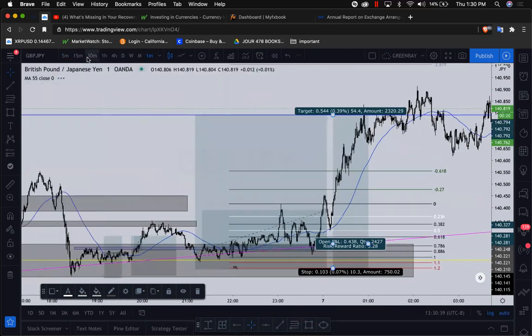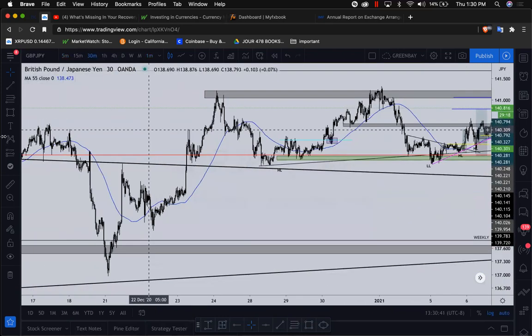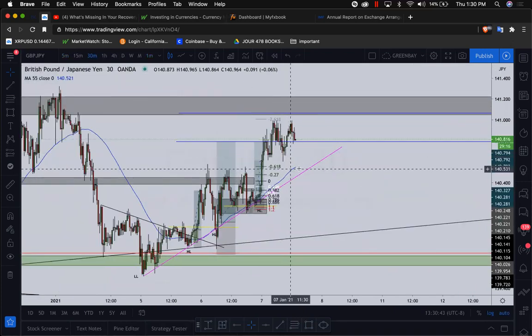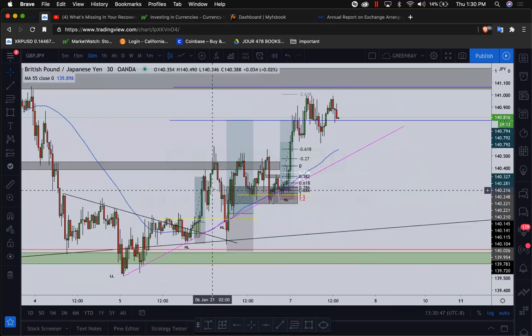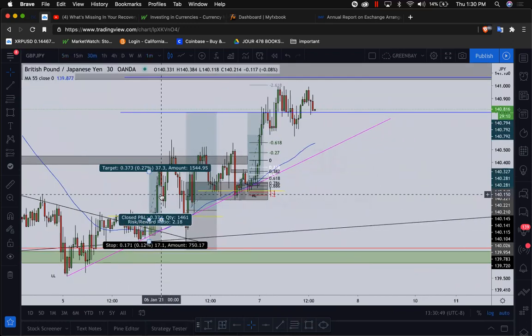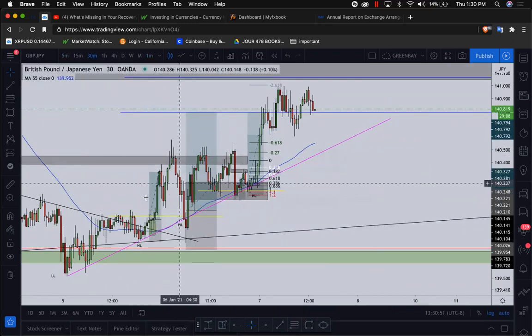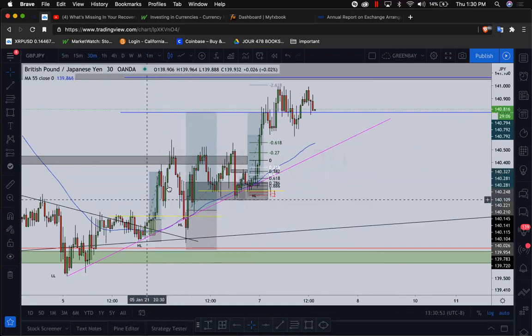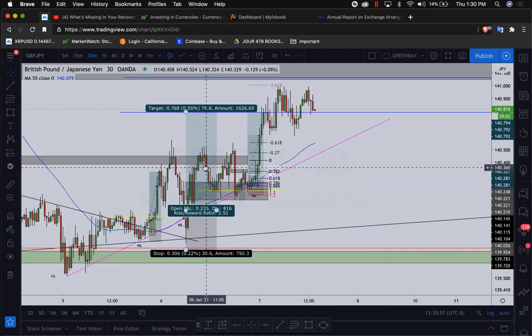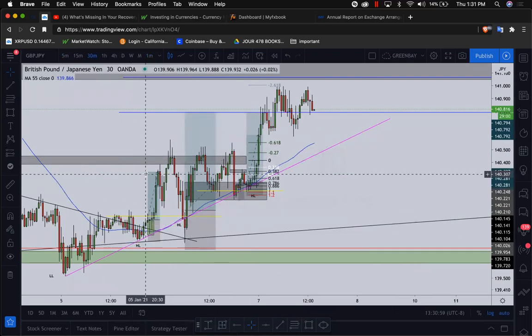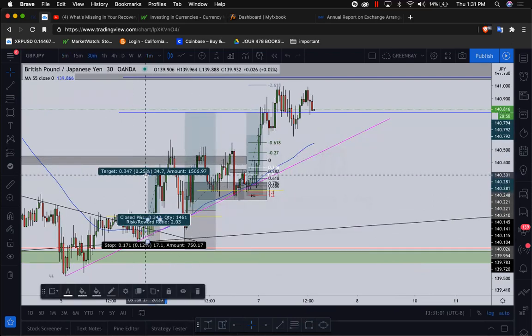So let me just show you these two plays, just these plays that I just showed you in general, what it adds up to, and what you could have made off these simple plays that I just put. Besides the one I got out. So let's just say these ones that I got in and got out in profit, which was like 37, or yeah, 37, 30 to be exact.